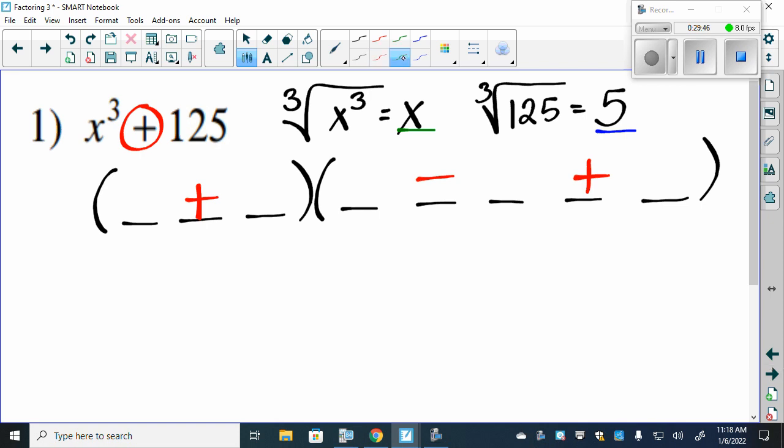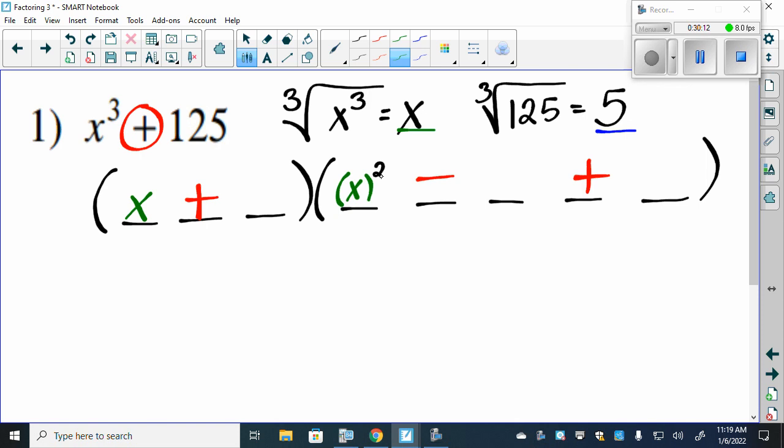Okay. Now, x cubed was first, because it's x cubed plus 125. So x is going to go first. On our first blank here, we're going to have x. In the smaller one, they're always going to be to the first power. And we'll go on and finish plugging the x's in. In the bigger one, in the first one, we're going to have our x to the second power.